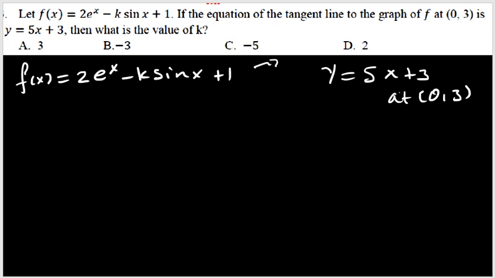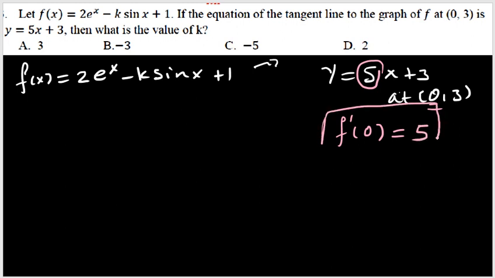From this we can take out that the slope will be 5. The slope of the tangent line means the derivative of the function at the tangency point. So f prime of 0 is equal to 5.